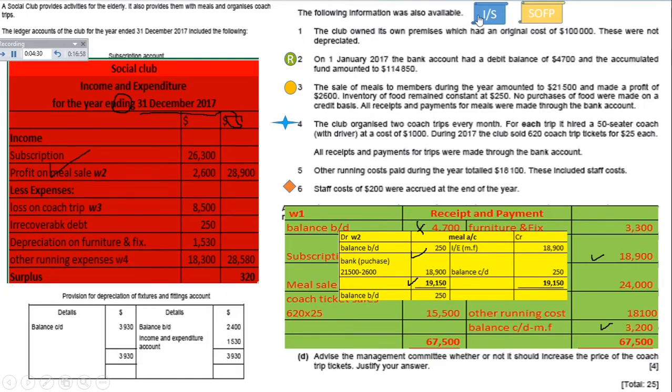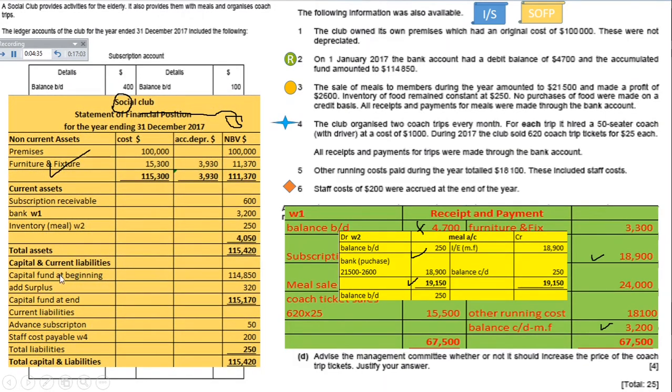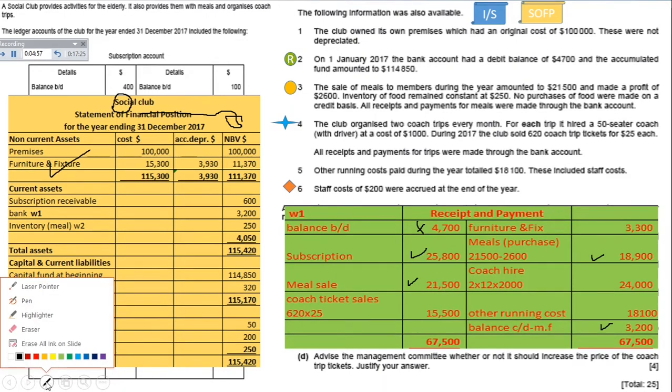You see your asset. 250 will go in your current asset, inventory of meal 250. Make sure you don't forget to put this as well. So that's what we need to understand. So that meal goes up, and so meal is done. Now again we move forward.